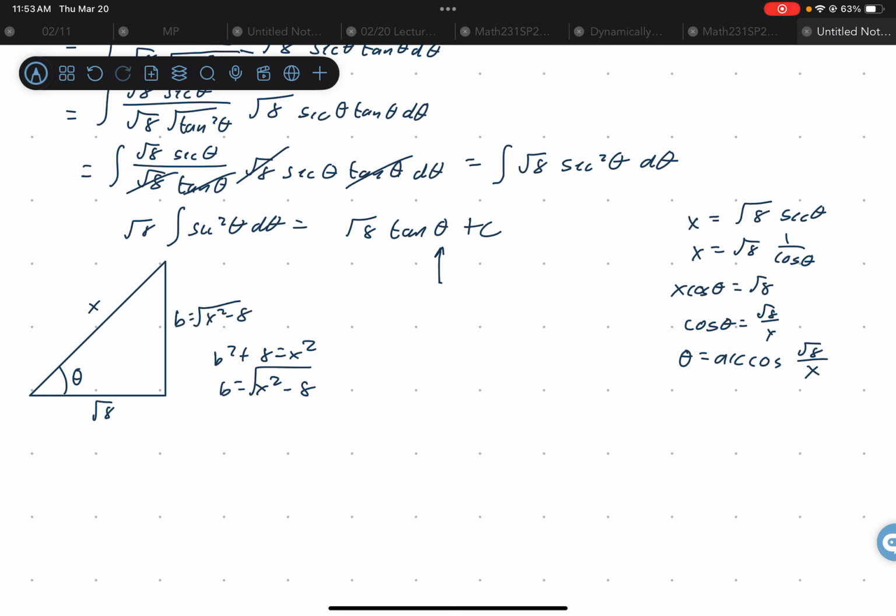There we go. And so that's really all we do. Square root 8 times square root of x squared minus 8 over square root 8 plus c. These cancel out. So then our answer is just square root of x squared minus 8 plus c.